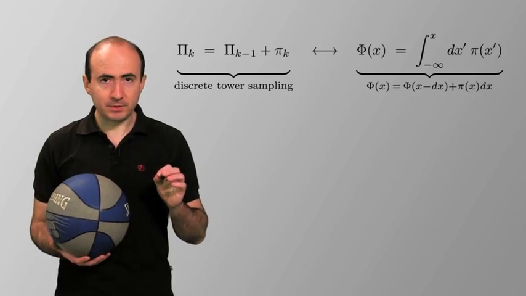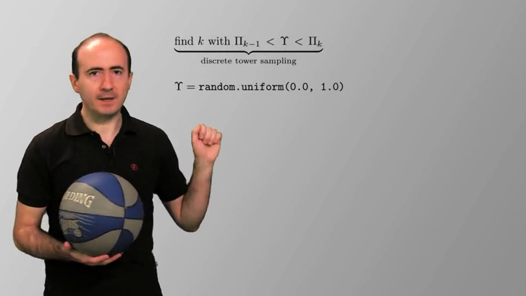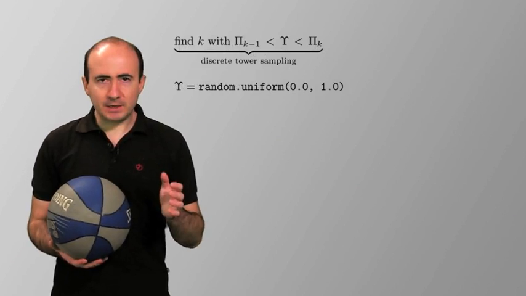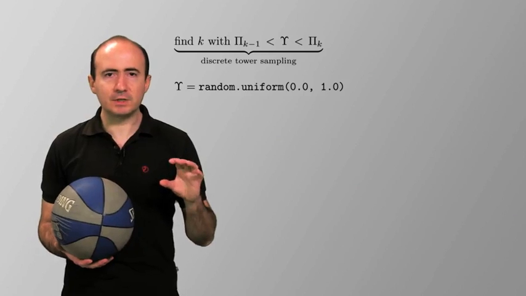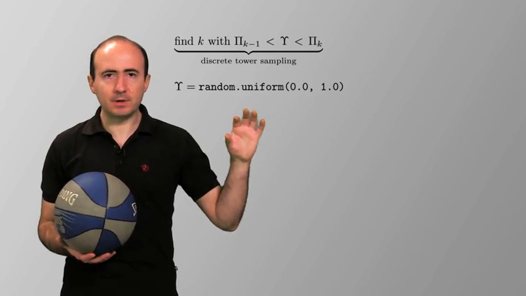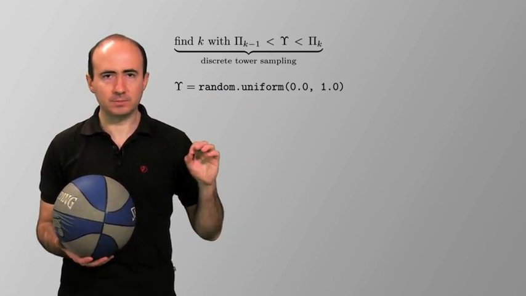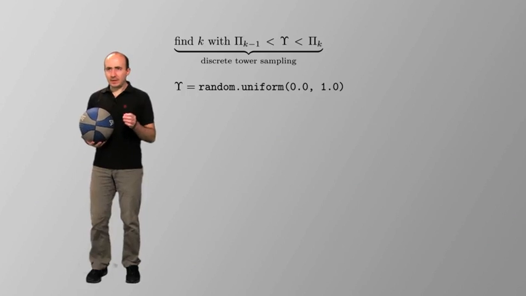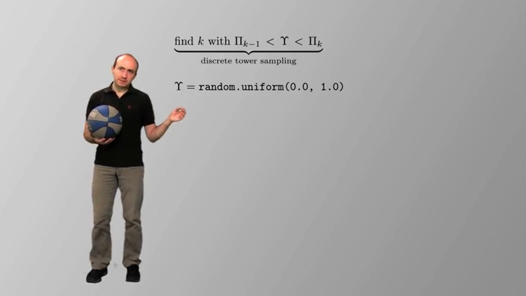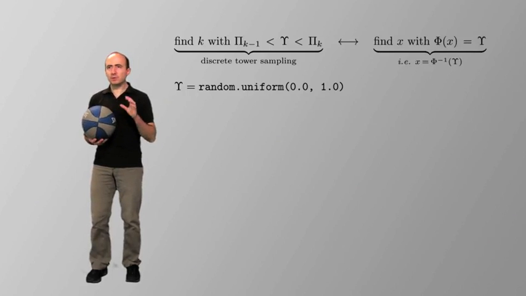The second step, which is illustrated there, in the discrete case, corresponds to determining the position at which the pebble has fallen into. In the continuous case, it consists in determining the value x, which corresponds to the random number upsilon distributed between 0 and 1.